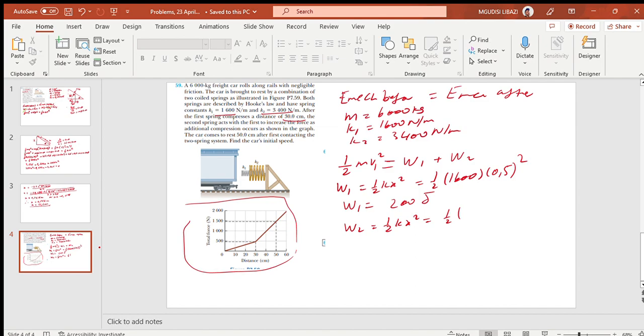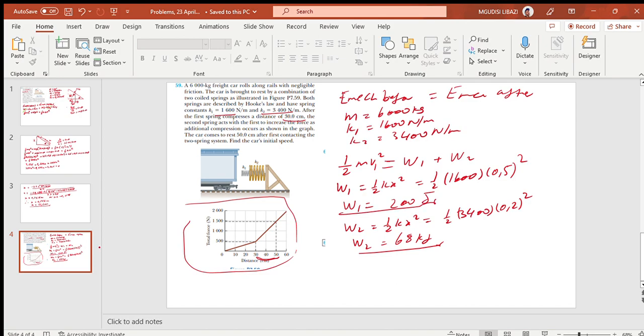Our k for the second spring is 3,400 multiplied by x, and it was only compressed for a distance, if we look at the graph very well, from 30 to 50, and 50 minus 30 is 20. 20 divided by 100 is 0.2, and then that's going to be squared, and we have work 2, which is 1 over 2 times 3,400 times 0.2 squared, and that's going to give me 68 joules. So those are the works that are done by spring 1 and spring 2.